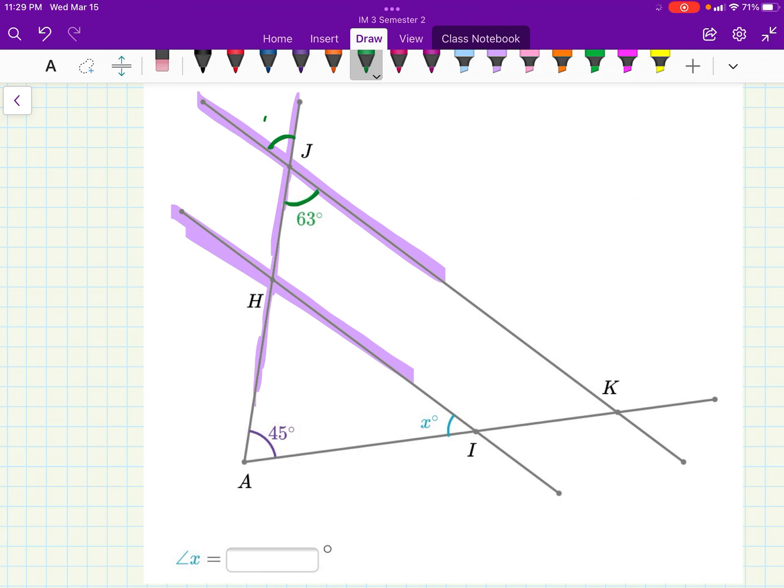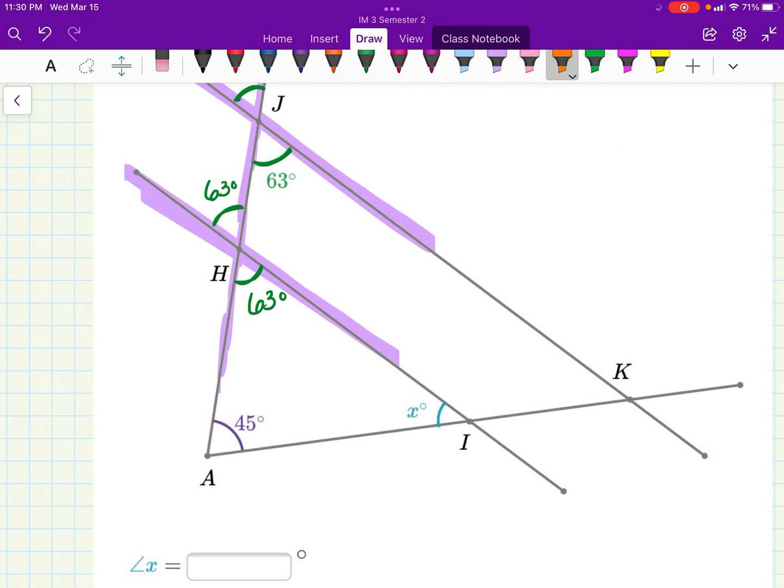I know the one right across, which is vertical, is 63 degrees. I also know that the one that's inside, the alternate interior, is also 63. So that makes the angle inside the triangle with X 63 degrees. All of those are 63 degrees based on the two parallel lines and the transversal.